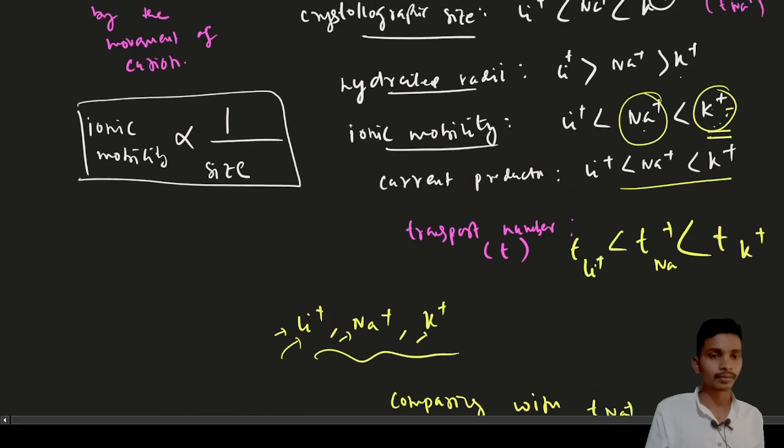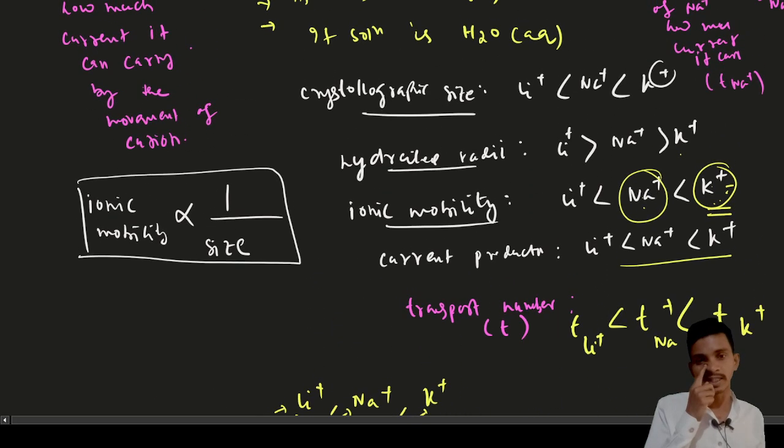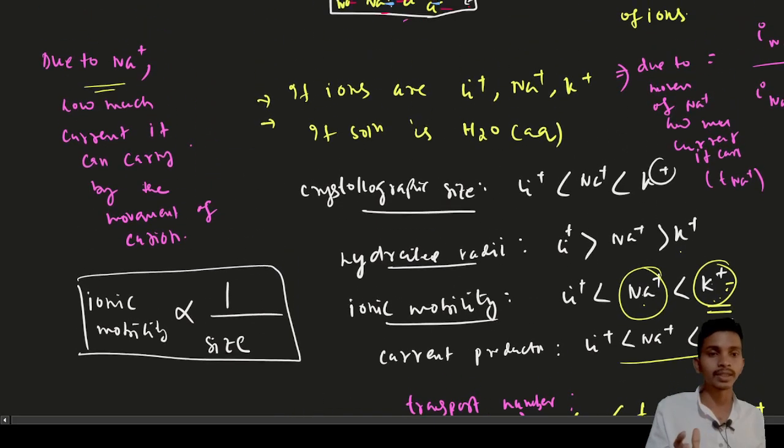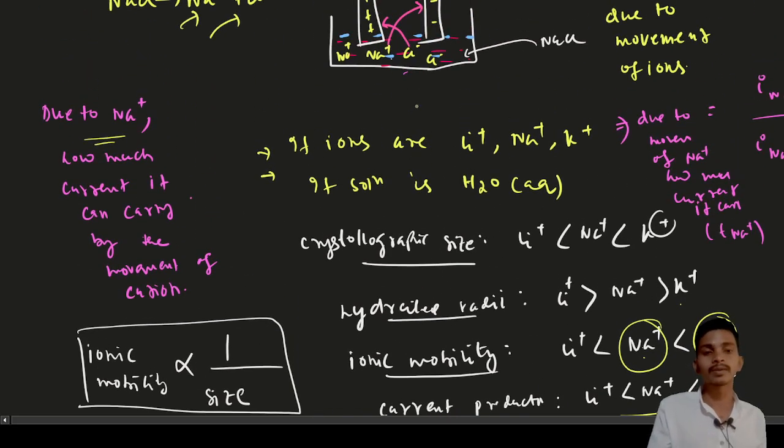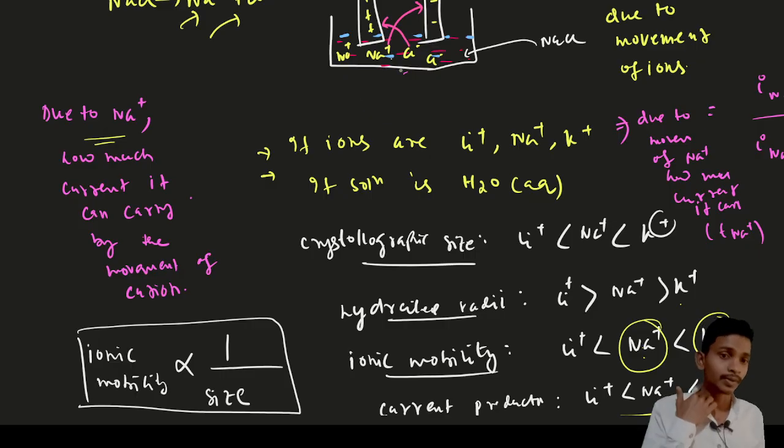So do you understand what we mean by transport number? Transport number is the fraction of current carried by an individual ion. If we ask what is the current carried by Na+ ions, we calculate the current carried by them upon the current carried by the total ions.